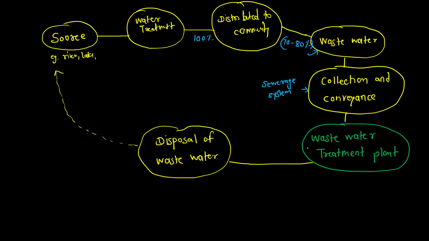We'll be discussing them in the next video. So once the water is collected, treated, and distributed, 70 to 80% wastewater is generated. This wastewater is collected and conveyed by a system called the sewerage system. This sewerage system takes the wastewater to the wastewater treatment plant, and after treatment it is disposed back to the sources of water. So this is the overall process. Now in this video we are going to see two new concepts.